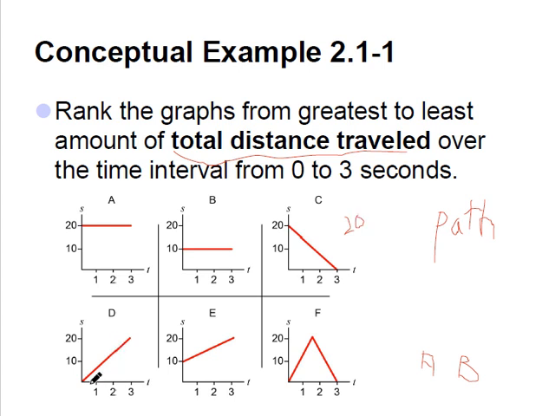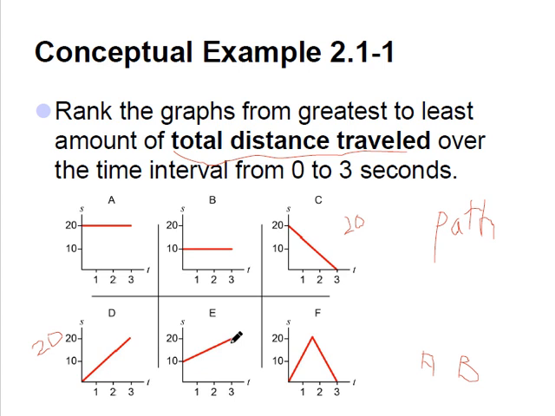Then D, we can see the substantial change too, 0 to 20. So that's 20 meters in total they travel, C and D. Definitely more than A and B, which is 0 here.